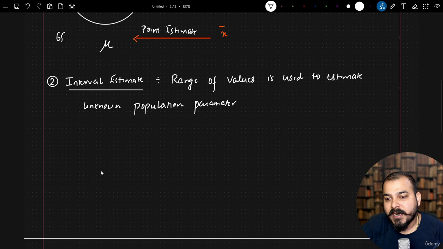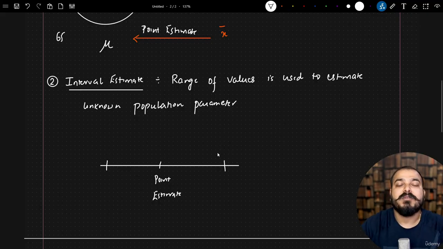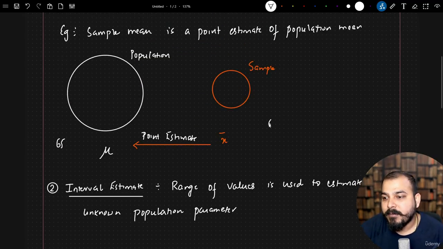See this. We can use a point estimate, but along with the point estimate we define one range, that is, plus or minus a margin of error with respect to this particular point estimate. Here my sample mean was 60, but the difference is 5.